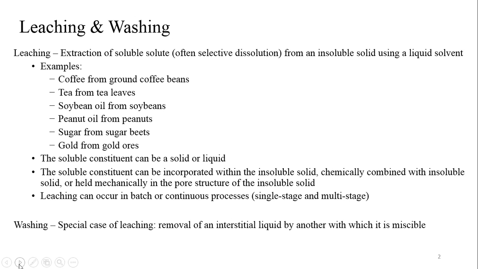Maybe you want to get rid of just that liquid, or maybe that liquid surrounding it also contains something else that you want to get rid of. And so what you want to do is treat these solids with some other liquid that's going to remove that component that you want to take away from the solid. Okay. So that's why it's sort of a special case of leaching, and we'll see it's kind of a simpler case as we go along here.